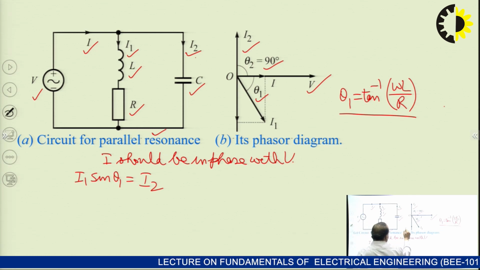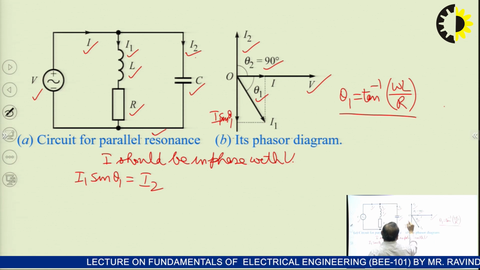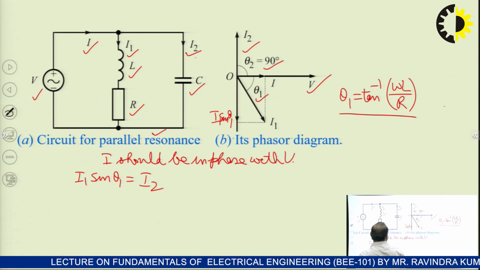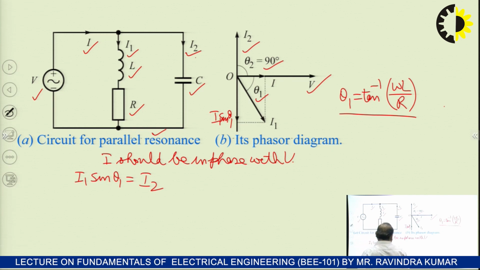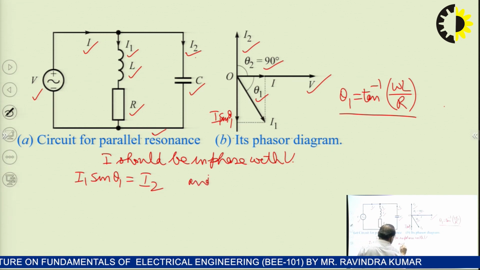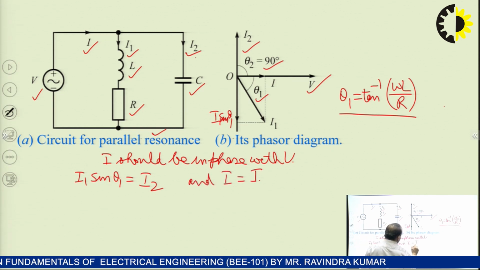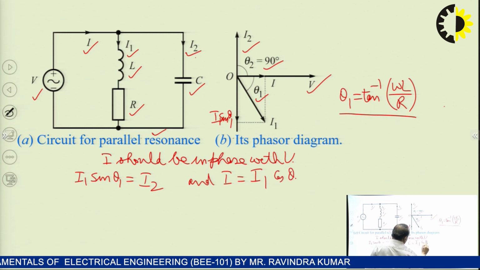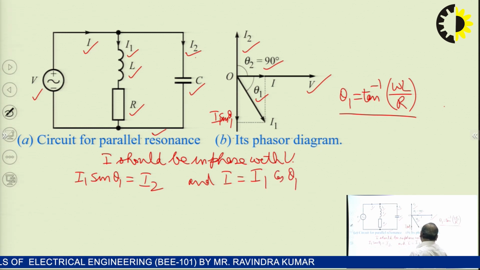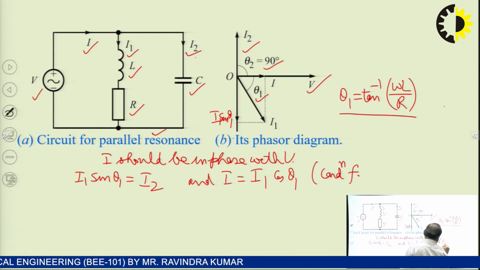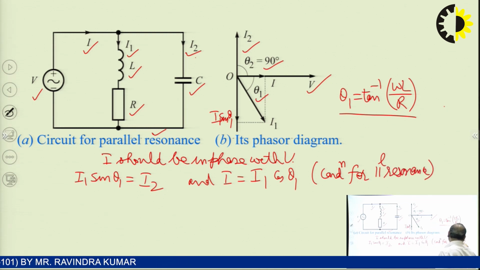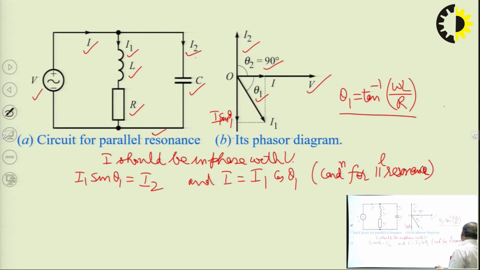Since I1 sin theta 1 is the reactive component of I1, if it is equal to I2, then the reactive component will be cancelled out and I will become I1 cos theta 1 only. This will be the condition for parallel resonance.